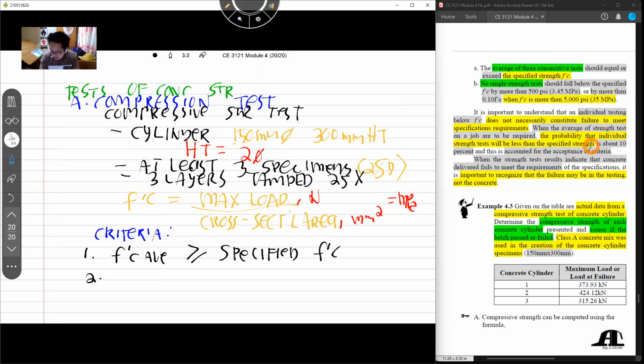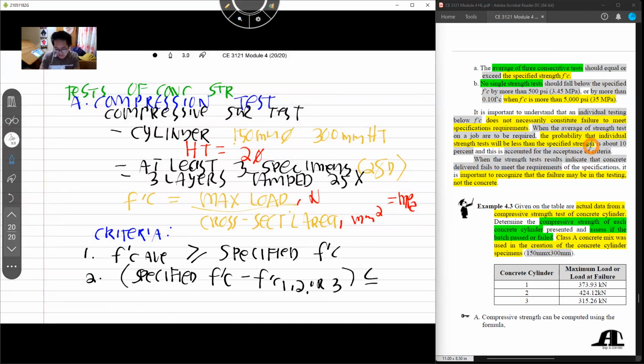Second criteria natin class, dapat yun yung specified strength natin class, no? Minus yung strength ng either of the three. So FC prime ng 1, 2, or yung 3, no? Okay.